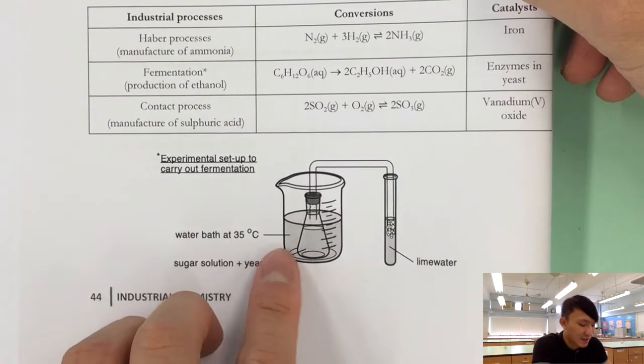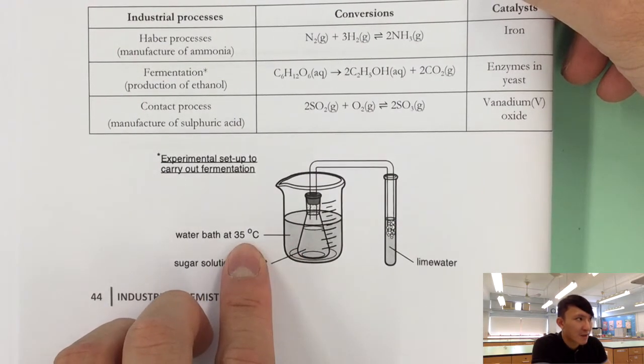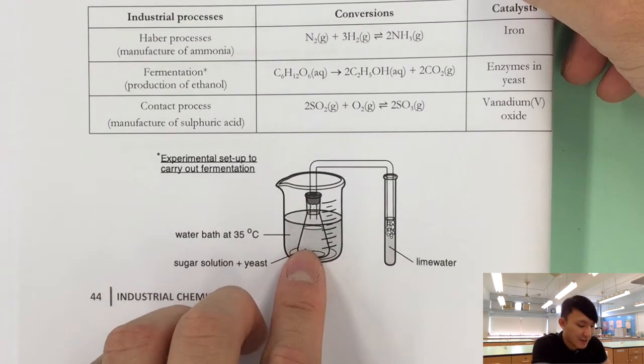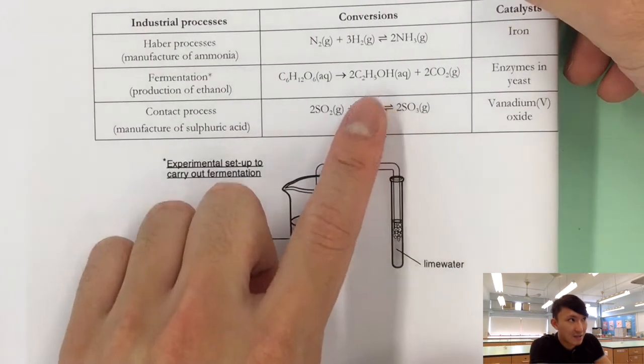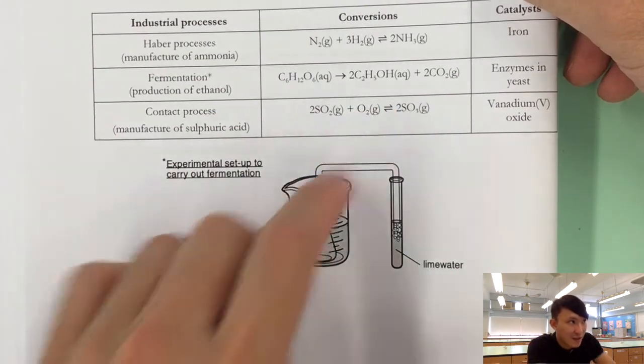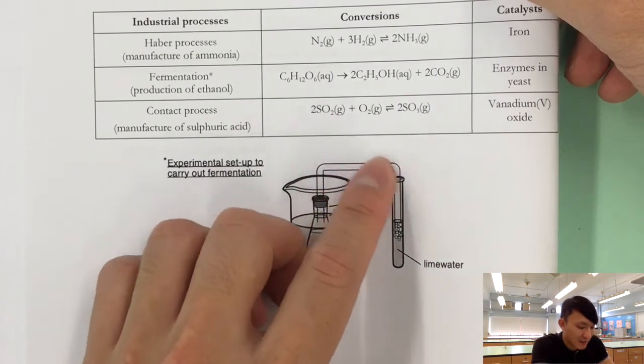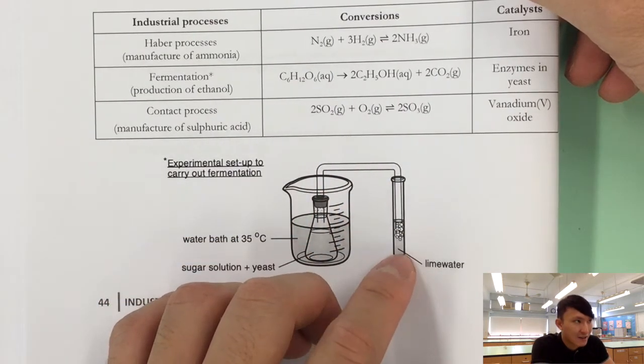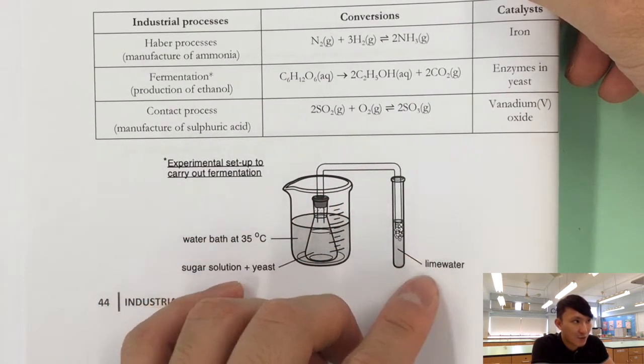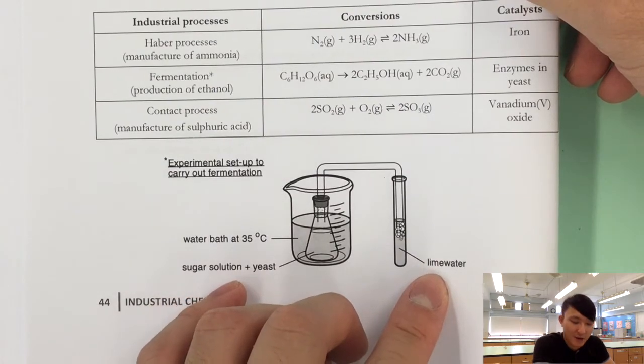And the reaction is taking place at a mild condition, 35 degrees Celsius. The reaction takes place, the glucose is broken down into ethanol and carbon dioxide. Ethanol is miscible with the water inside. However, the carbon dioxide will be able to collect it in this test tube, and the carbon dioxide will turn lime water milky. Okay?